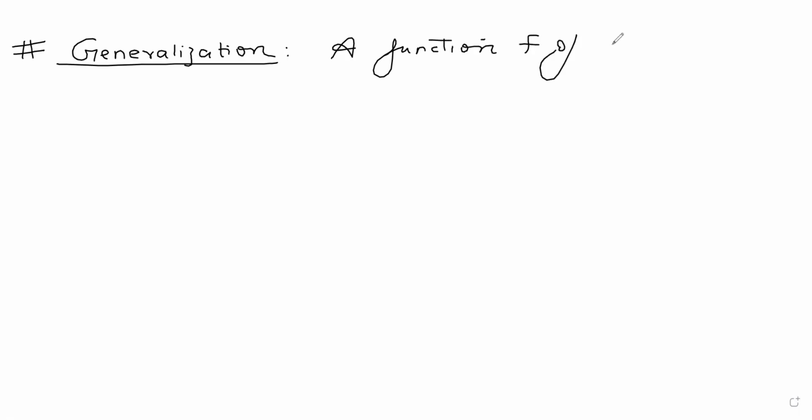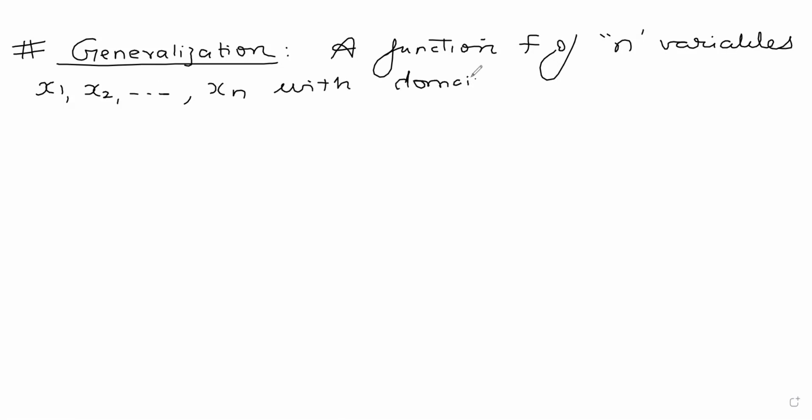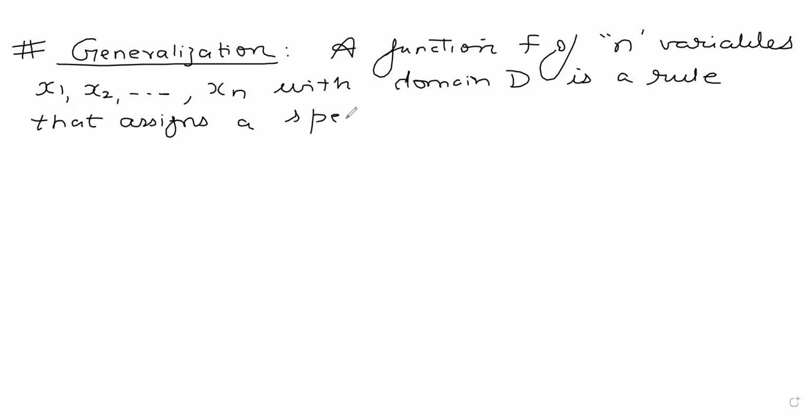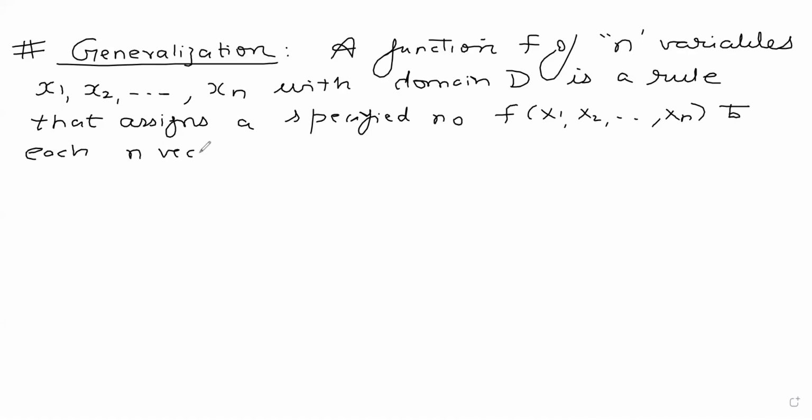So I can write the generalization: a function f of n variables, which are x1, x2, dot dot xn, with the domain capital D is a rule that assigns a specified number f of x1, x2, dot dot xn to each n vector x1, dot dot xn in the domain.